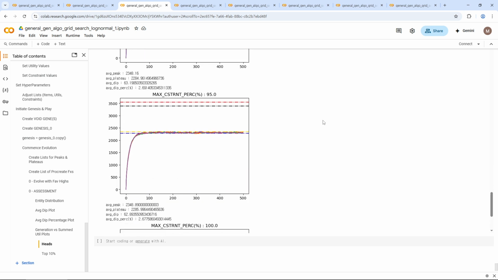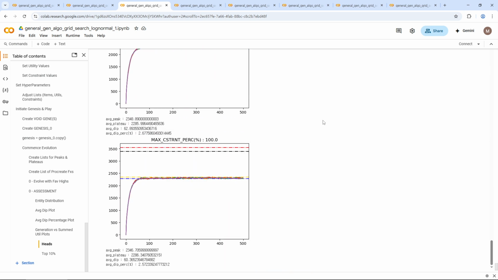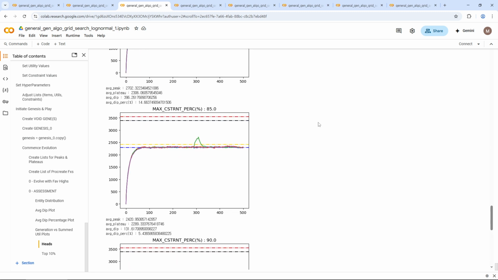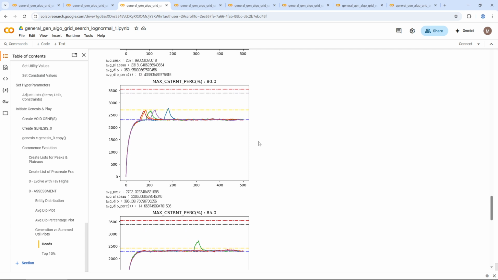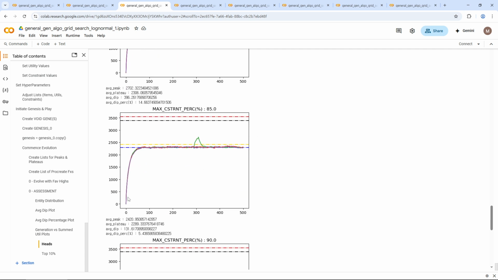Yeah, about the same results. This, for example, this one is quite lucky. Out of the 5 iterations, in only one iteration we had a peak.